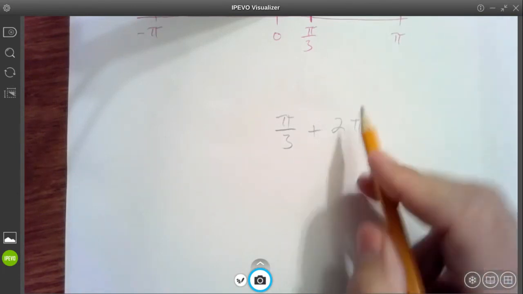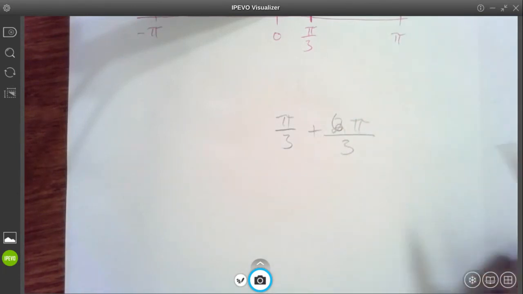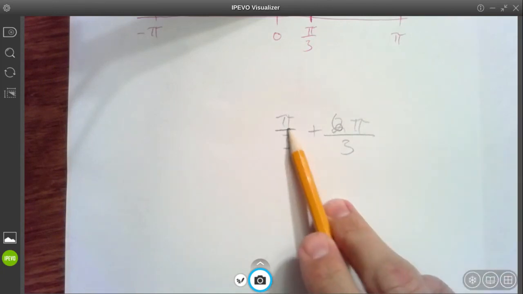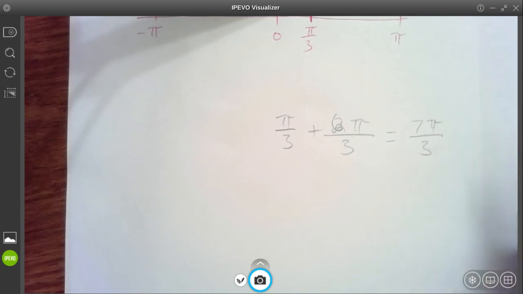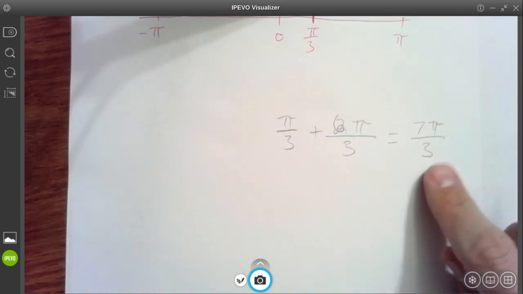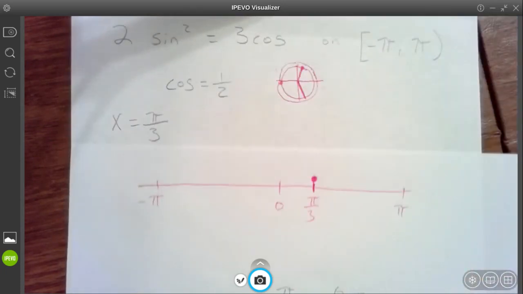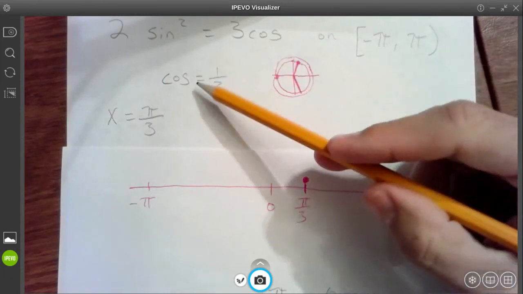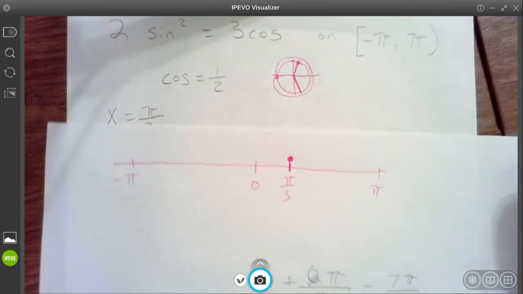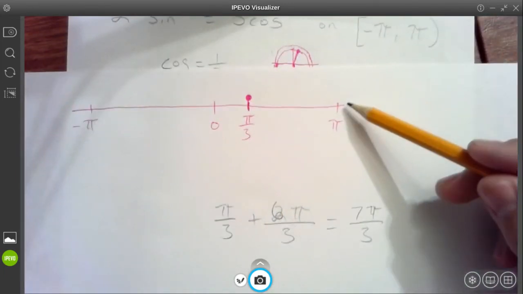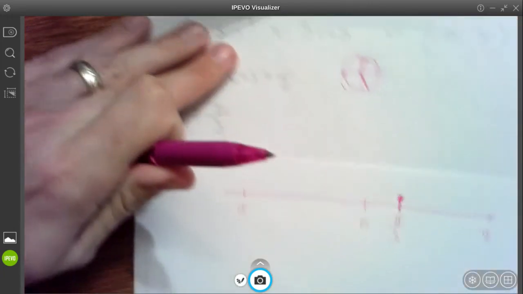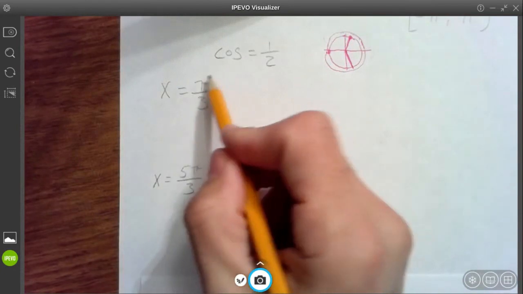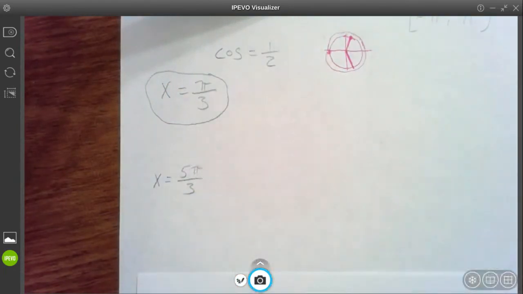So 2 pi is the same as 6 pi over 3. I would get pi plus 6 pi, which is 7 pi over 3. So this is a solution to this equation. But 7 pi over 3 is way past my regular pi. All right. So that's my only answer when it comes to this.